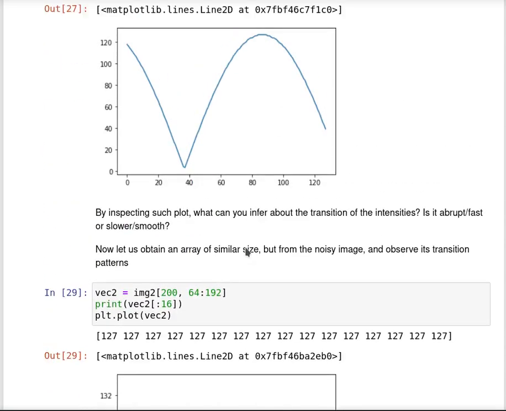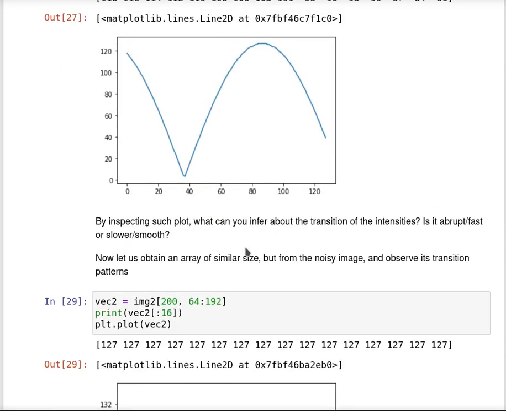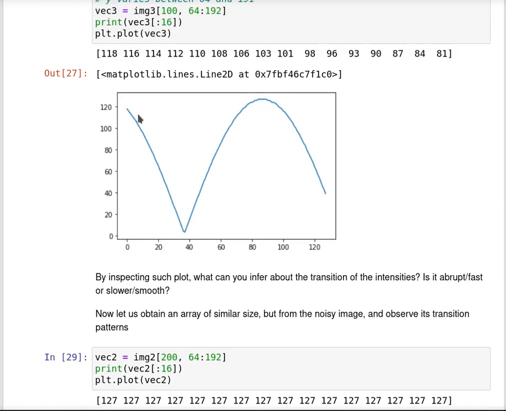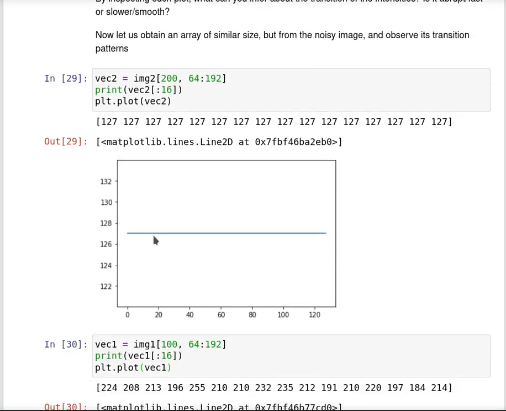The idea behind these examples is to show you that images can be seen as having patterns of repetitions and oscillations along their axes. In the first case we have a smooth transition between intensities. In the second one we don't have any transition.